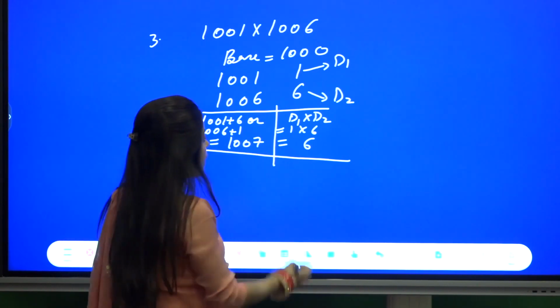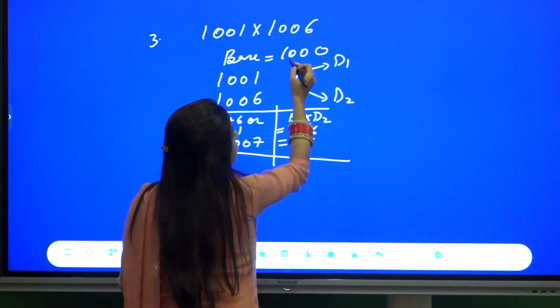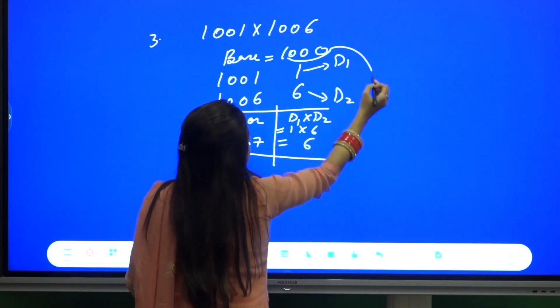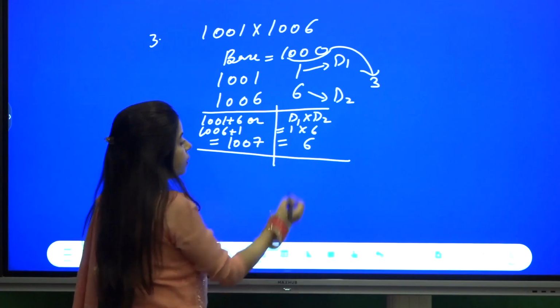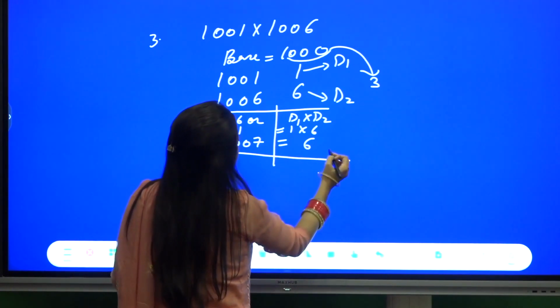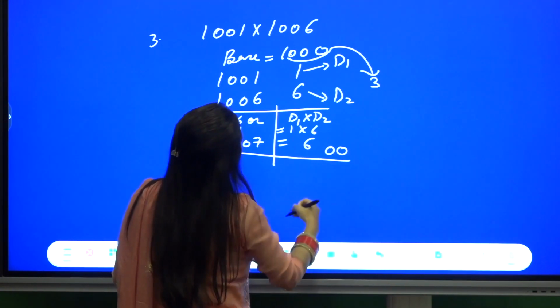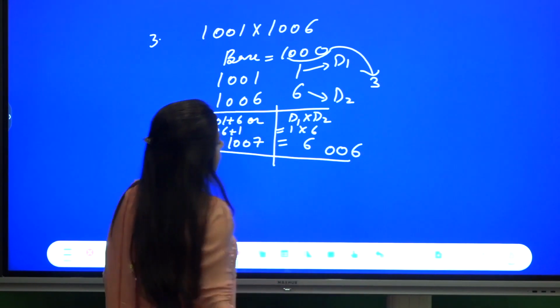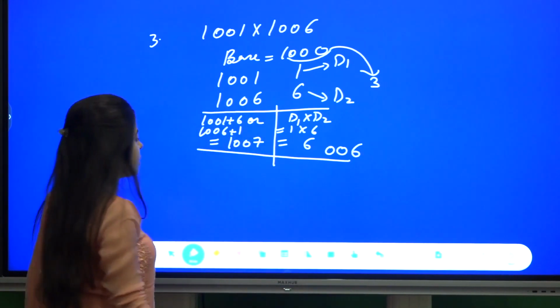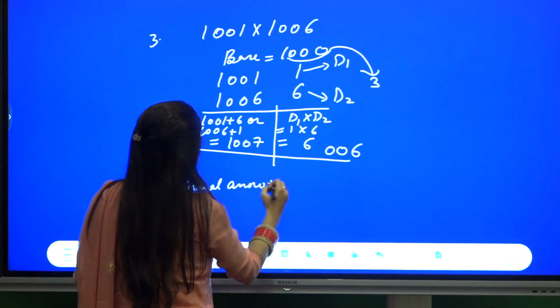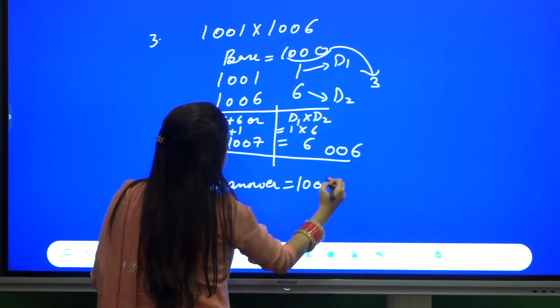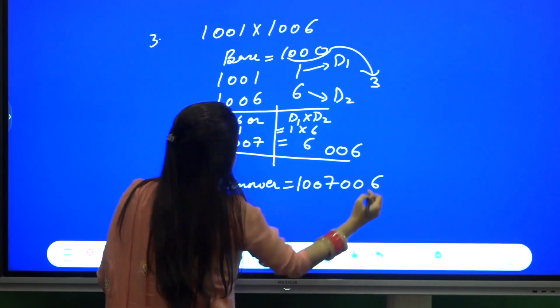Now here, since the number of digits after 1 is 3, we are going to write 6 as 006. So the final answer is 1007006.